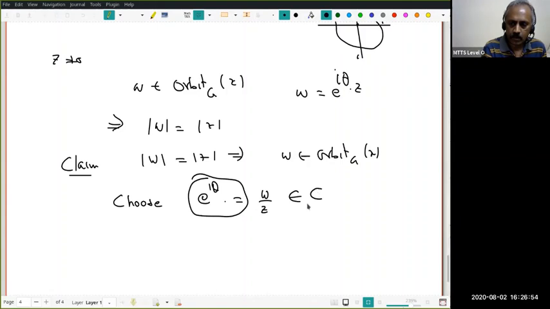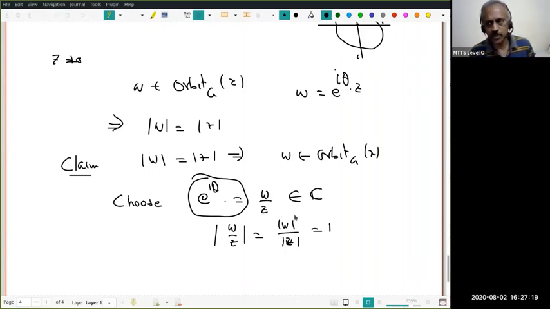Is this a complex number? Yes, because z is non-zero, therefore w by z makes sense. Next, I want to say it's of unit modulus. Why is it of unit modulus? The modulus of w by z is mod w by mod z. But remember, by hypothesis mod w equals mod z, therefore this is equal to 1. That means w by z is a complex number of unit modulus.